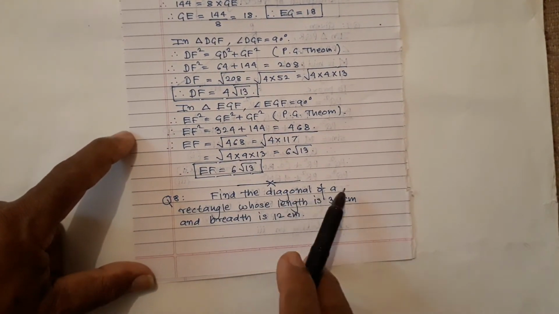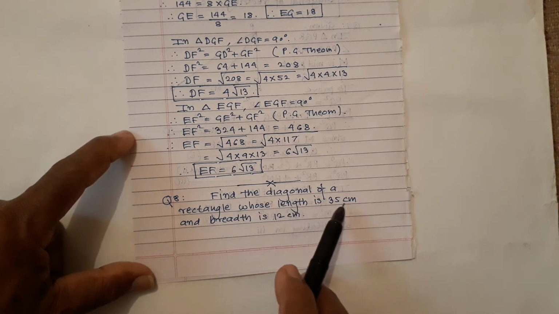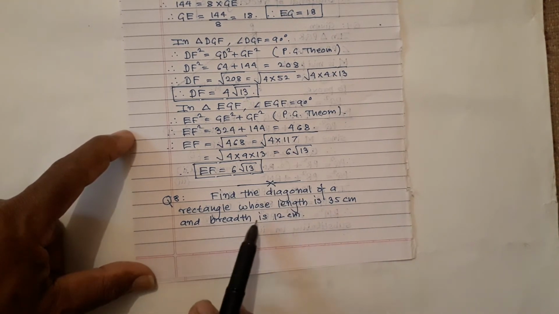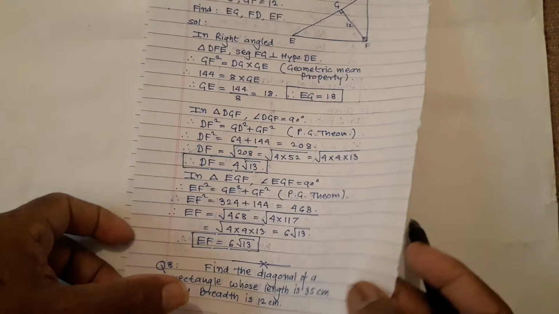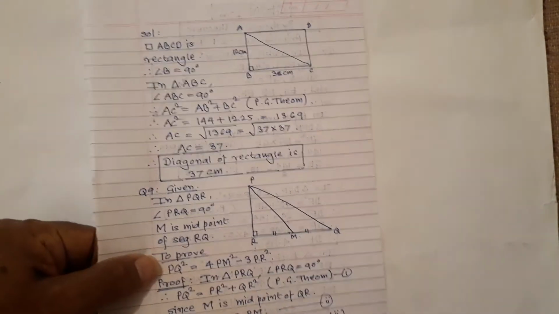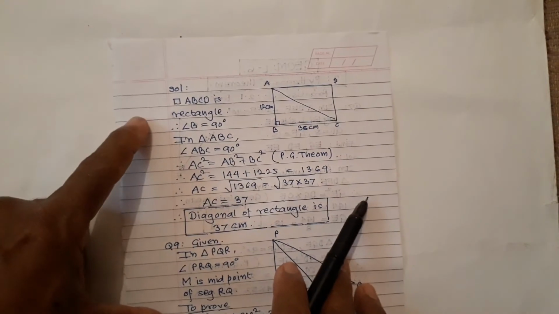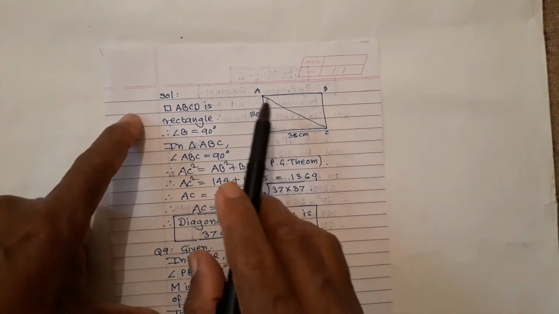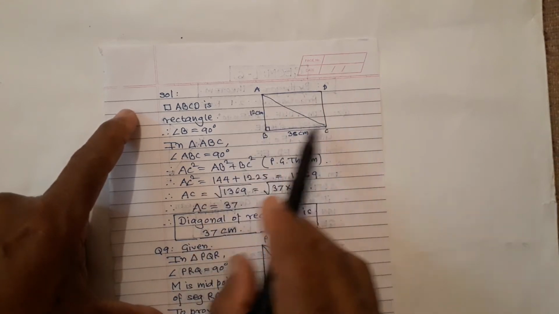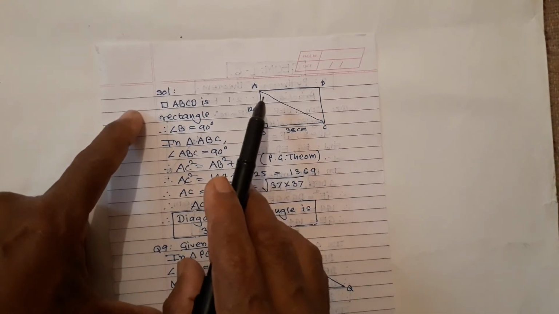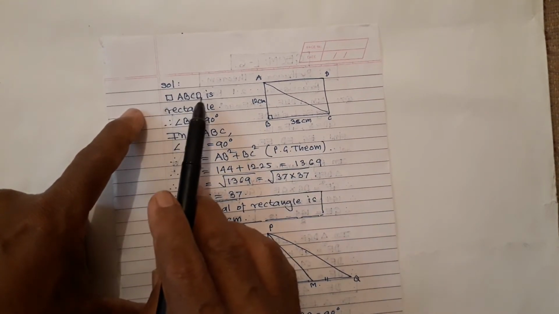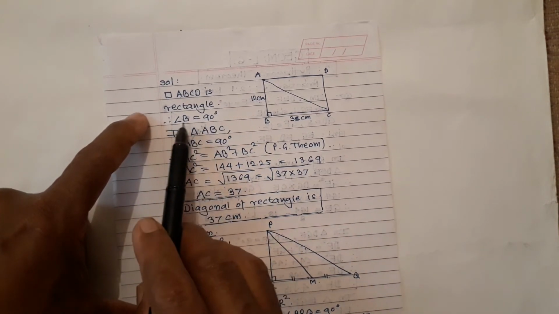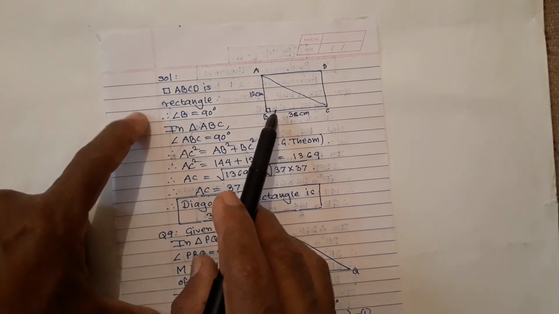Now question number 8. Find the diagonal of a rectangle whose length is 35 centimeter and breadth is 12 centimeter. Okay. Then solution. First you draw the figure. ABCD is a rectangle, given, and this AC is the diagonal. Now quadrilateral ABCD is a rectangle, therefore angle B is equal to 90.